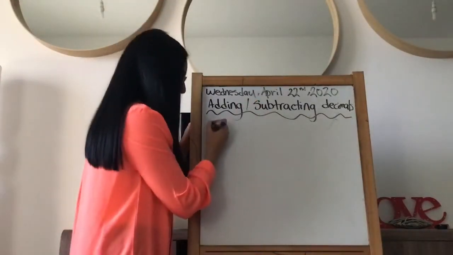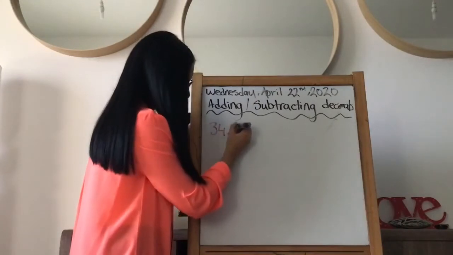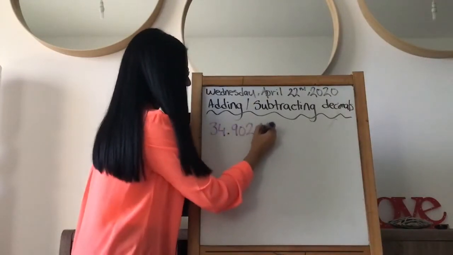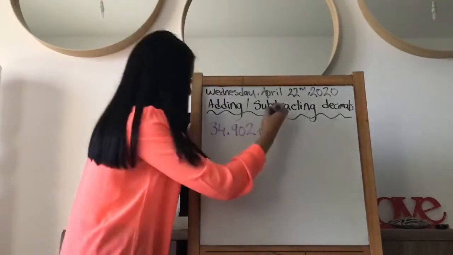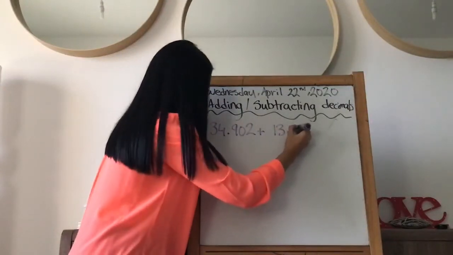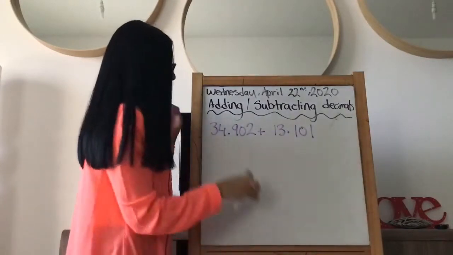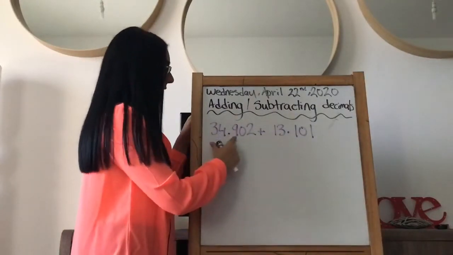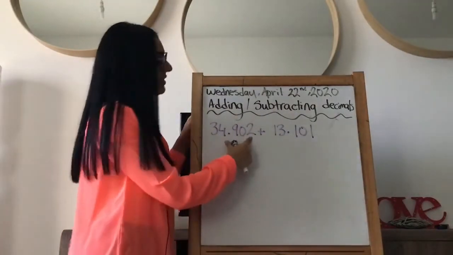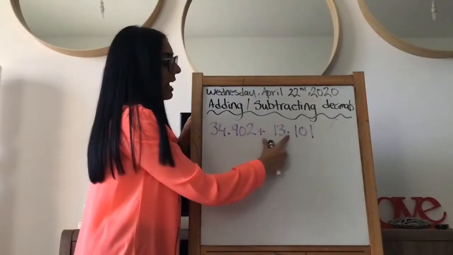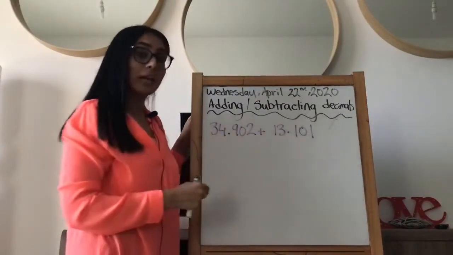So if I said, I need you to add these two numbers, let me write this down. And remember, this is 34 and 902 thousandths plus 13 and 101 thousandths.